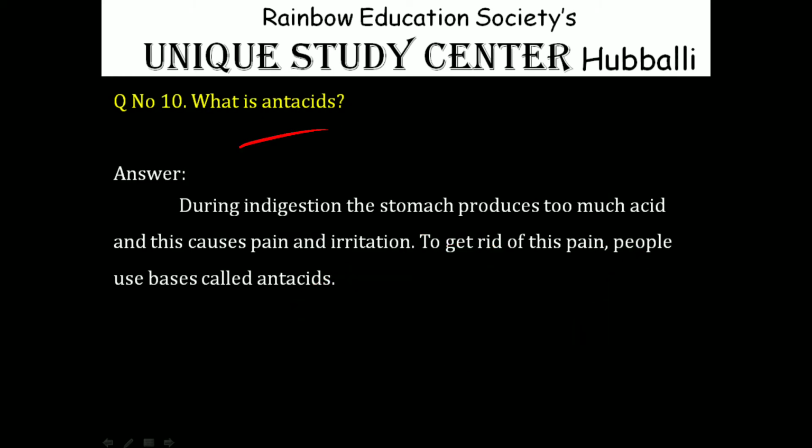What are antacids? Commonly we know that a virus can be removed by using an antivirus. Similarly, acids can be neutralized by using another substance that is called an antacid. During indigestion, the stomach produces too much acid and this causes pain and irritation.